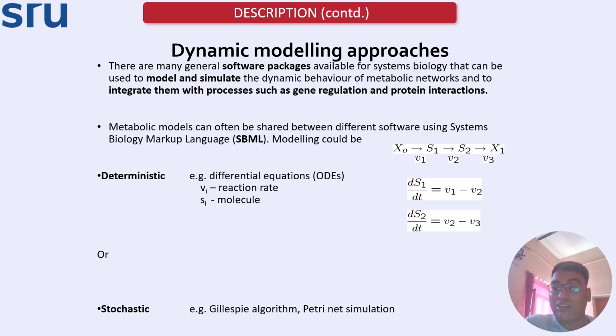Stochastic means it is just a prediction based on these constants: under some conditions things may work out like this, but it is not certain.